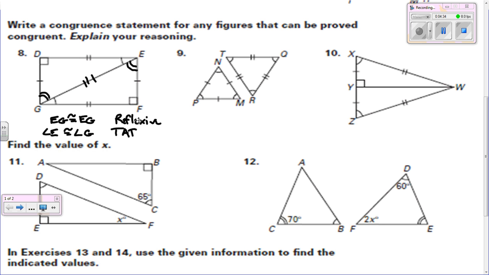Remember, third angles theorem says that if in a triangle 2 angles are congruent to each other, the third angle has to be congruent to the other one because they all add up to 180.